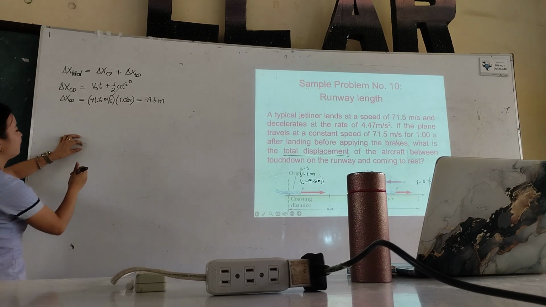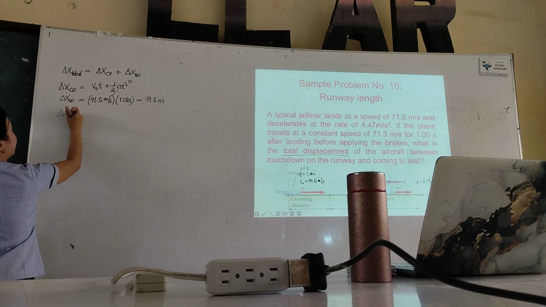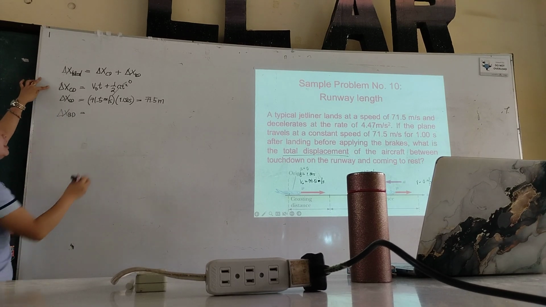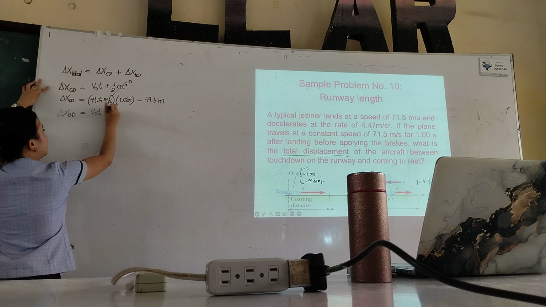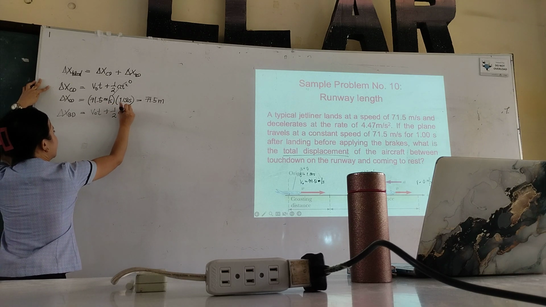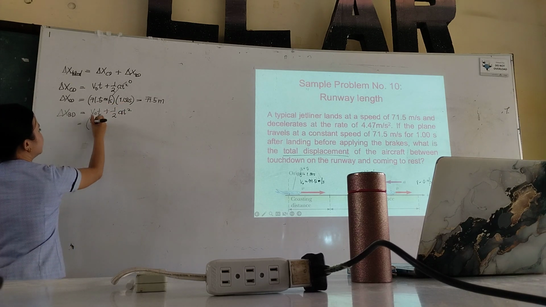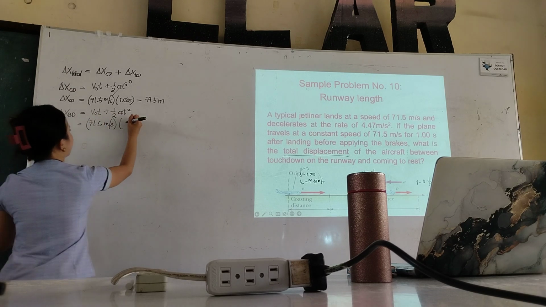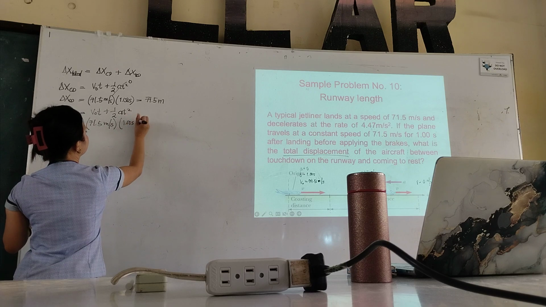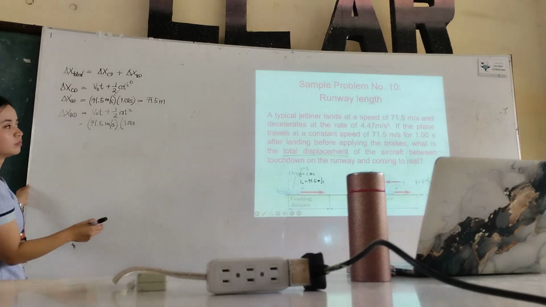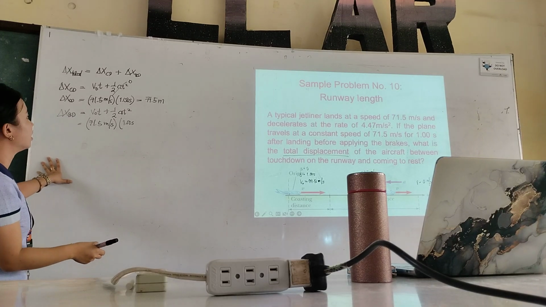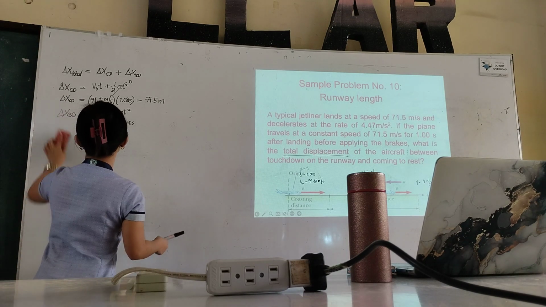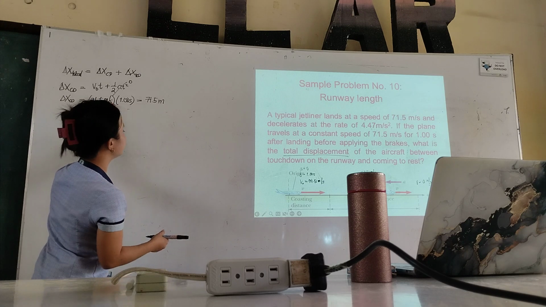Next, you have delta x braking distance. So now we use again the same formula, V O t plus 1/2 a t squared? We have no time, so we don't use time here.